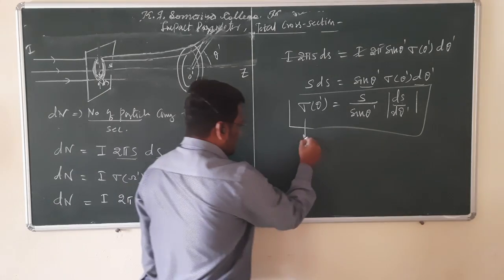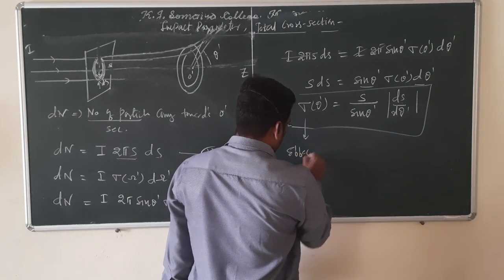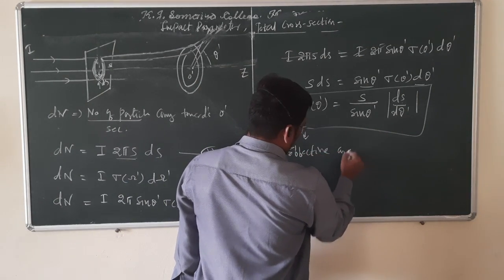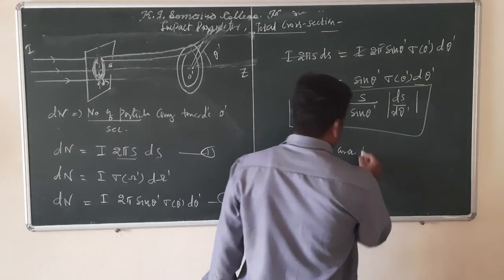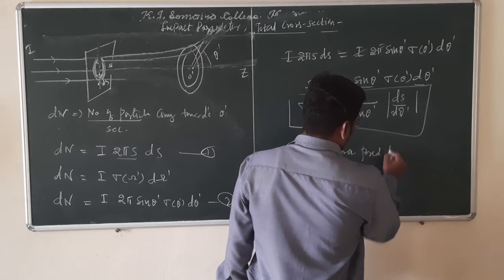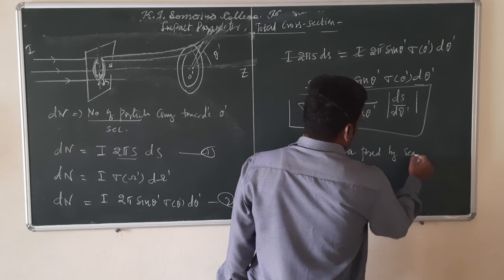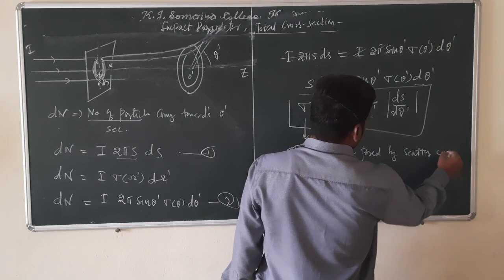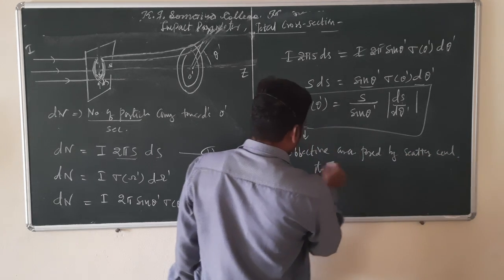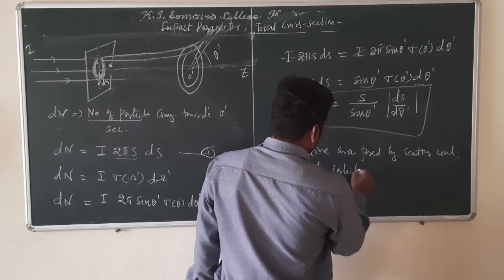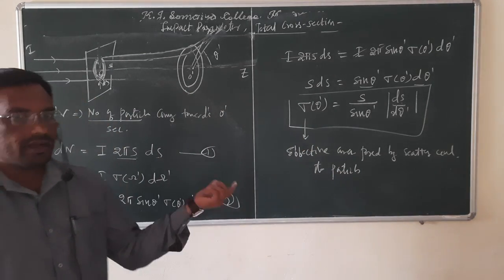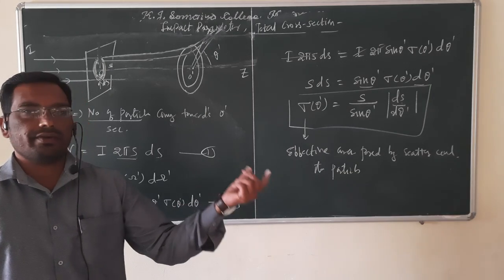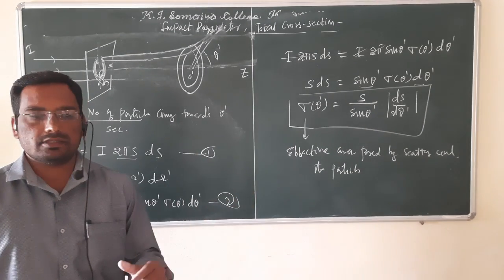So this is an effective area. The differential cross section is nothing but the effective area posed by the scattering center to the particles.